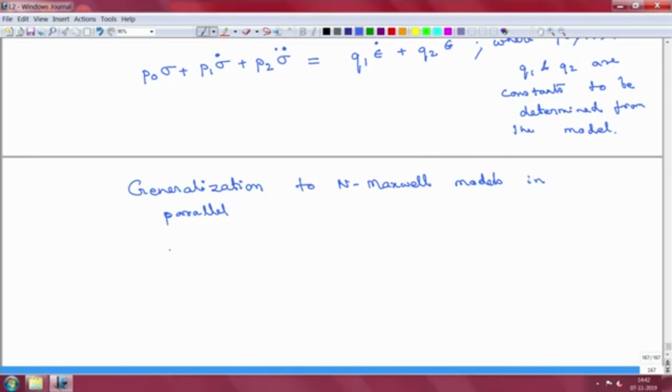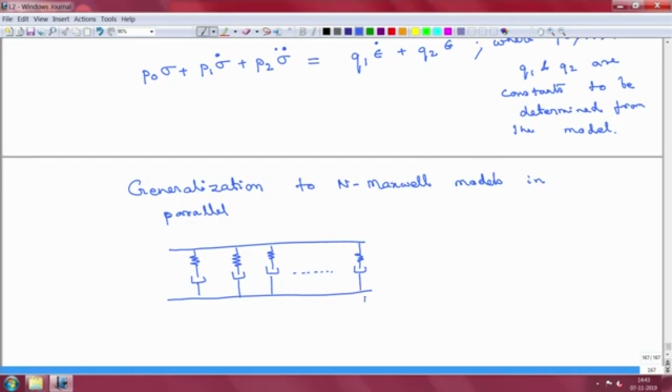So, we have a situation where we have many of these Maxwell models, n in total number.